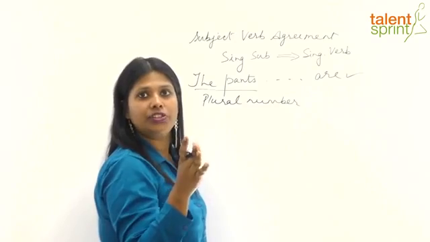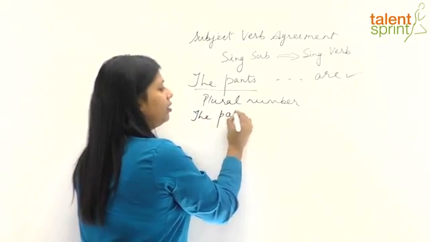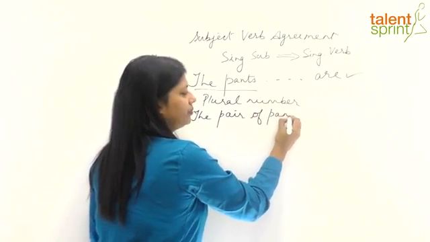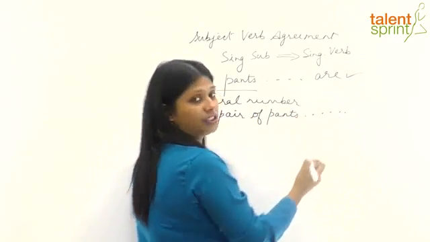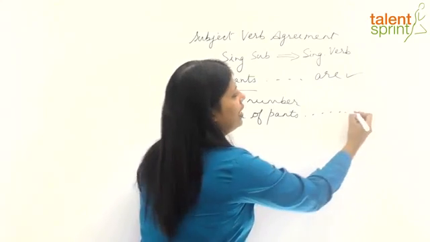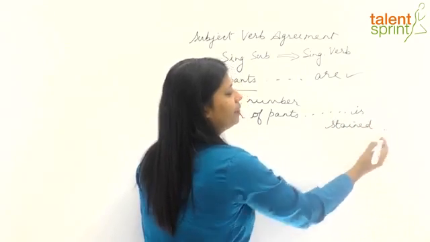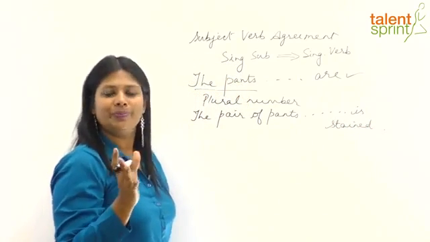However, on the contrary, if I say the pair of pants that I bought yesterday, then I have to change it to is stained already. Is the difference clear to all of you?